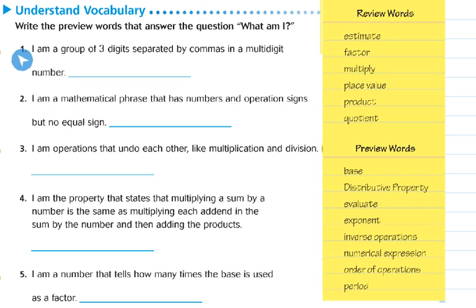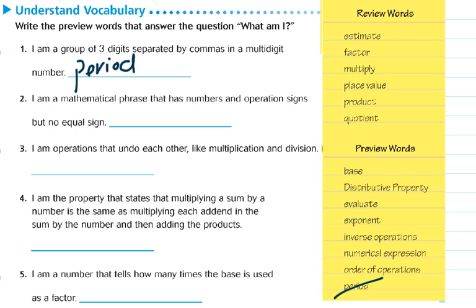Number 1, I am a group of 3 digits separated by commas in a multi-digit number. And that, boys and girls, is a period. Number 2, I'm a mathematical phrase that has numbers and operation signs, but no equal sign.